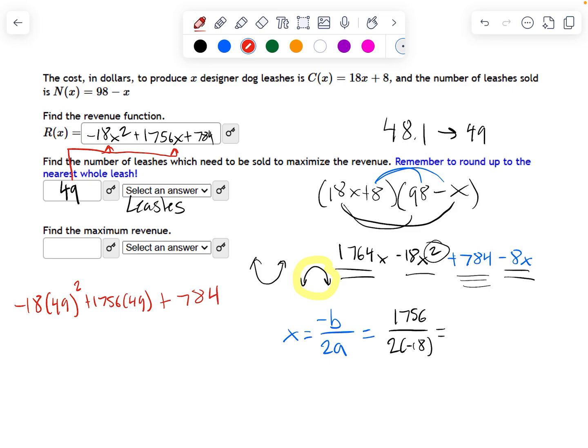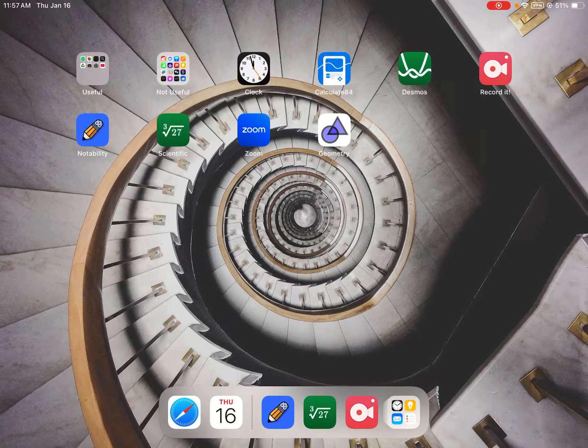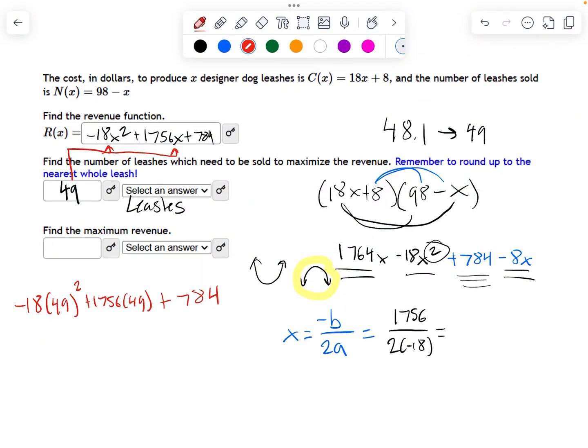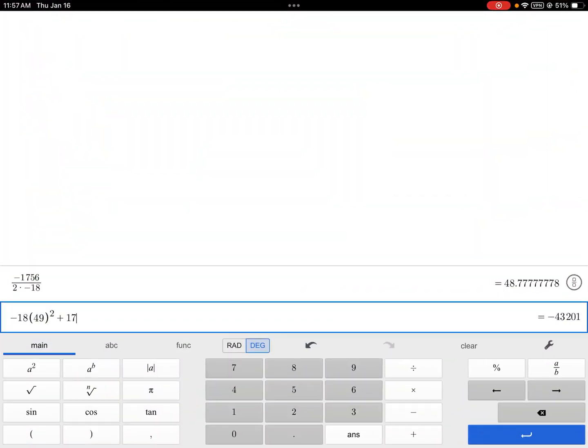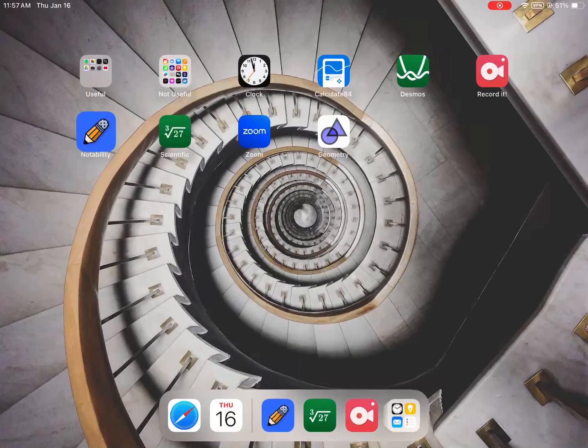All right, so you just plug this right into a calculator. So we have negative 18 times 49 squared, and then plus 1756 times 49 plus 784. Okay, perfect.